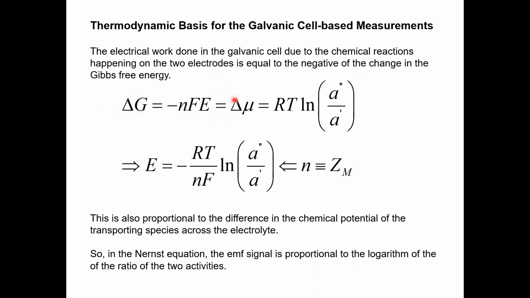The delta G is nothing but delta mu, the chemical potential difference between the two electrodes, and delta mu can be related to RT times the logarithm of the activity ratio. Again, this n is the same as the number of moles of electrons that you're transferring to the external circuit. So knowing one of these activities, you can figure out the other side by measuring EMF. That's the basis of galvanic cell type measurements.